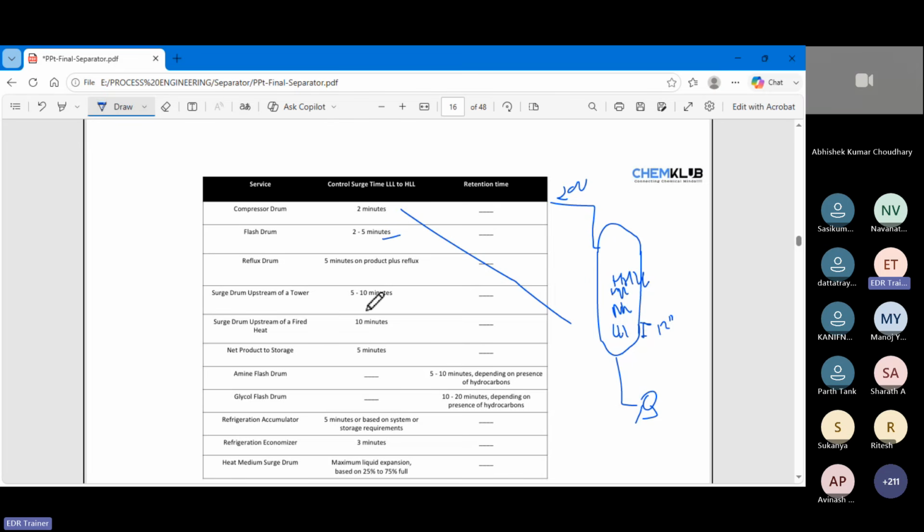You can take 2, 3, 4 or 5 minutes, and size the L by D, the length and diameter. For a vertical separator the diameter is governing, and for a horizontal separator the length is governing. Length means separation. Here you have to calculate the diameter and assume the length. According to the assumed length, you can get a residence time from the low liquid level to the normal liquid level.